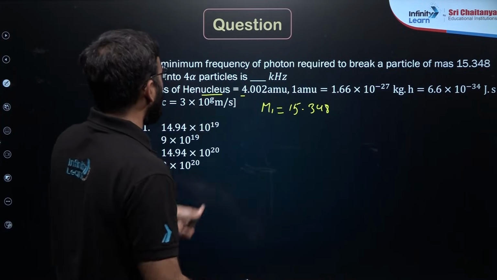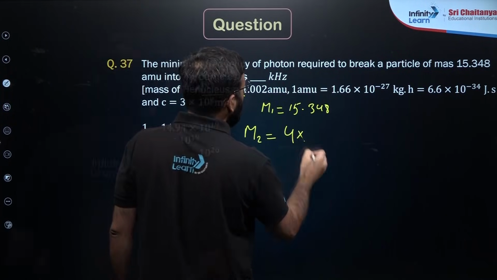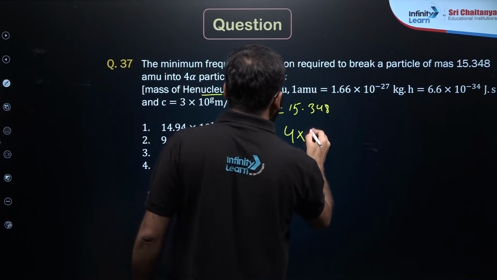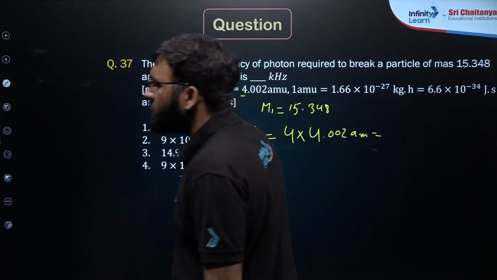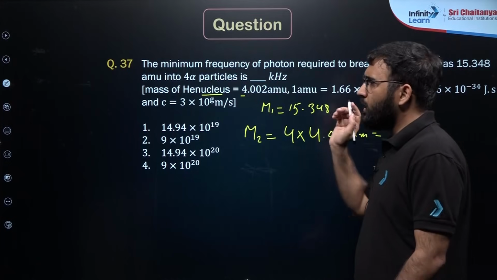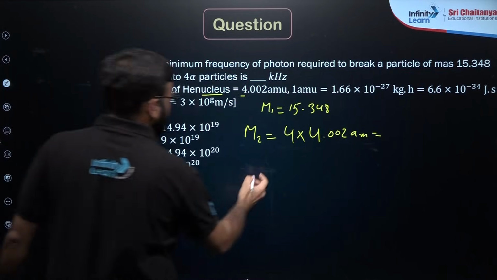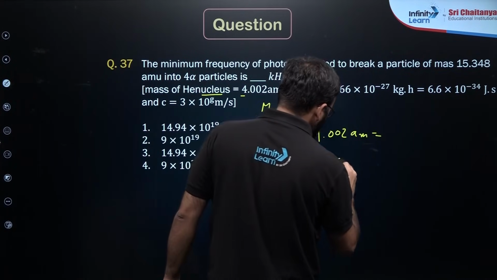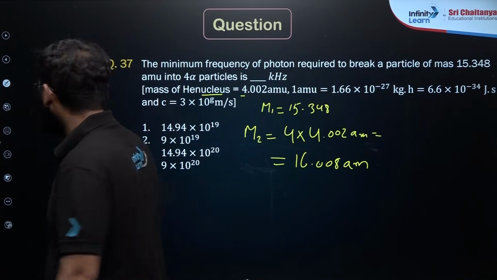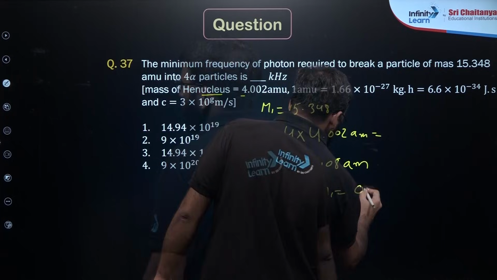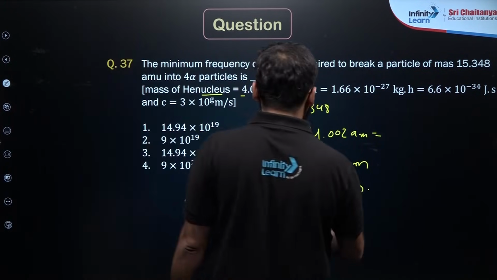So for the 4 alpha particles, what is the total mass? M2 I will just take 4 into the mass of helium nuclei, 4.002 AMU. So this you can multiply, approximately 16.008. So what is the change in mass? Delta M is 0.88. Okay beta, so 0.88 into AMU.